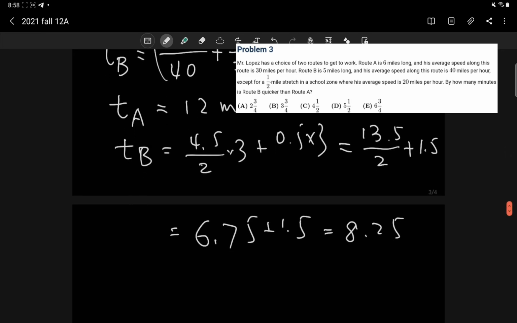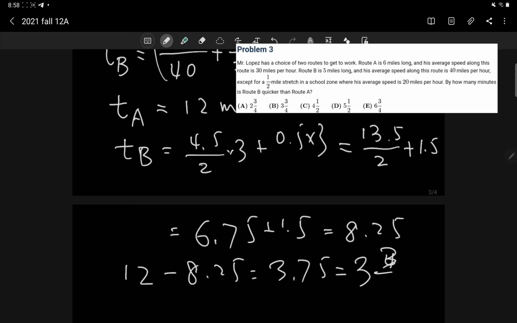So quicker is 12 minus 8.25, which is equal to 3.75. So we choose B here.